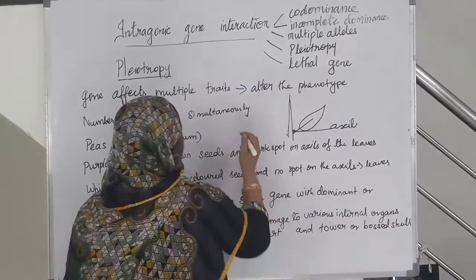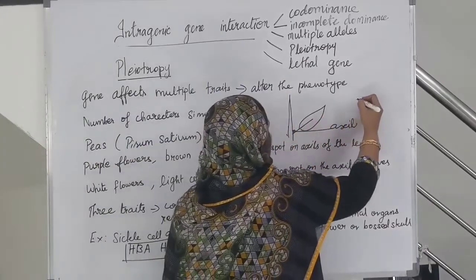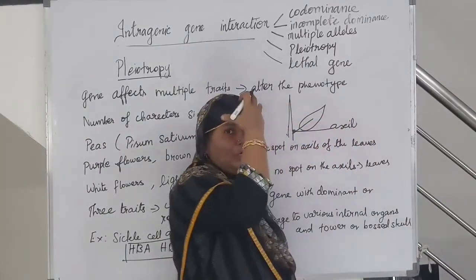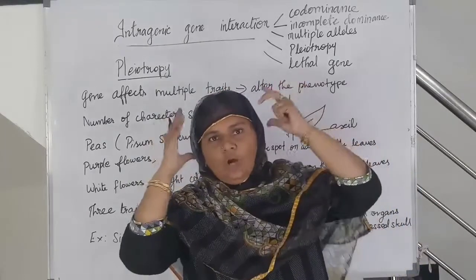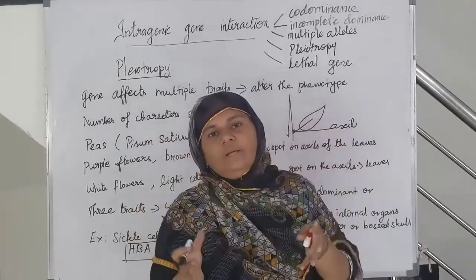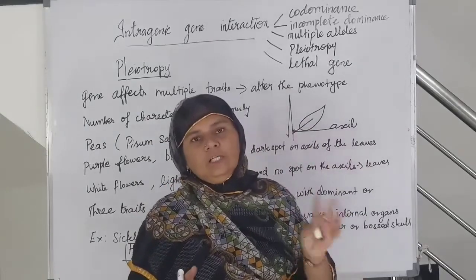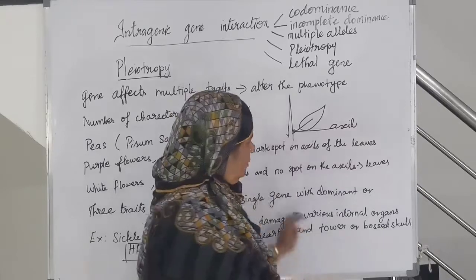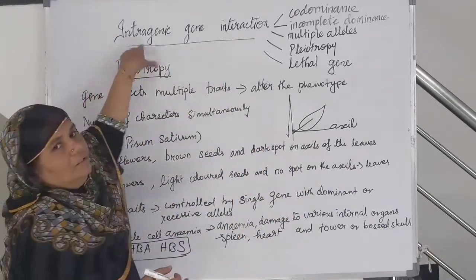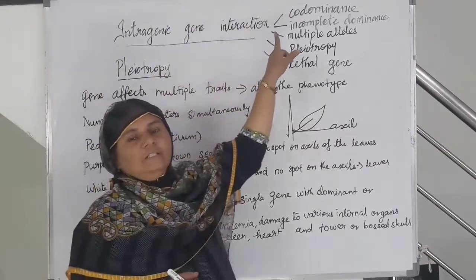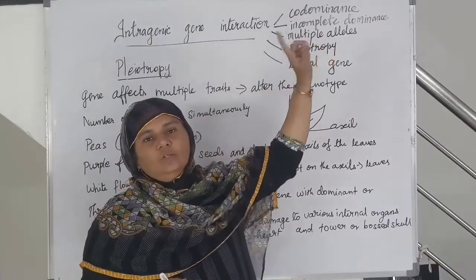Tower or bossed skull means it will be protruded outside in the forehead region, not in the normal shape. I will show you in the picture also in the video. So it will be clear, I think: when a single gene controls many characters, that is called pleiotropy.